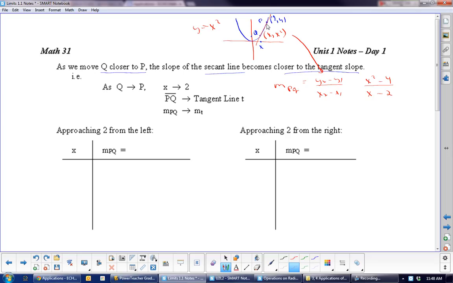But we want x to be 2, because if x was 1.9999999, I could go find slope, couldn't I? And I'm going to get really close, because if you look at this diagram right here, 1.999 is right there, and that P and Q are so close, that's got to be pretty well the slope at P. Okay?